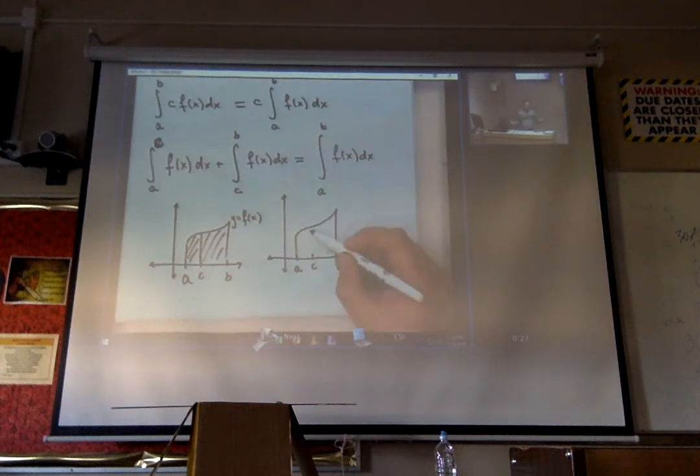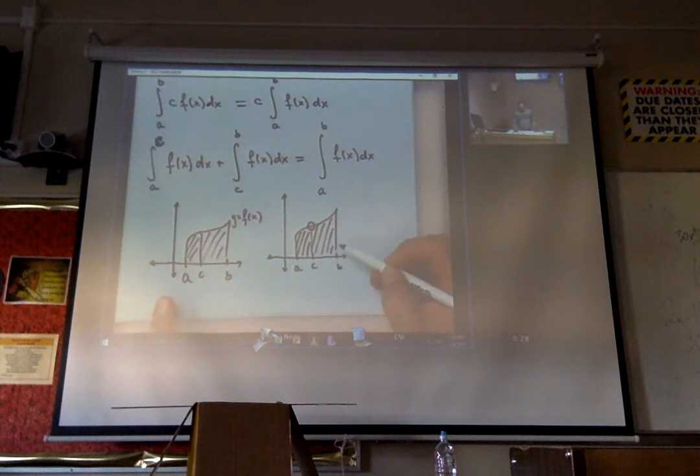Come on. Where? At C. So, can I still do it? And the answer is yes. I can still do it. I can find the area from A to C. I can find the area from C to B, and then what?